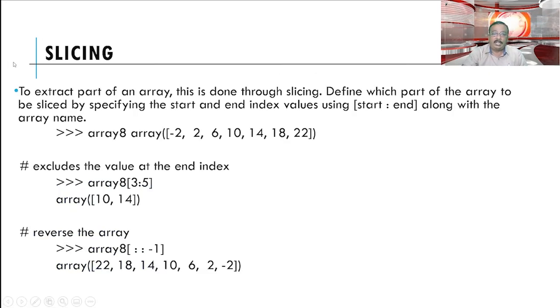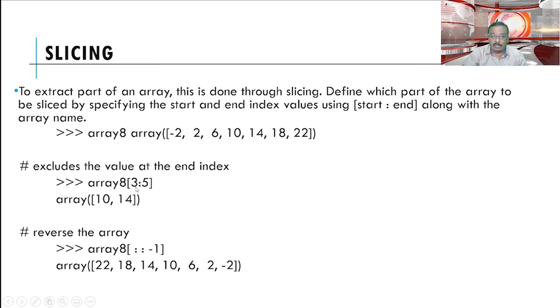So to continue the slicing, to extract a part of an array, this is done through slicing. Define which part of an array to be sliced by specifying the start value and the end index value using start colon end. So that's what we have been using along with the array name. For example, in the case array 8, 3 colon 5.